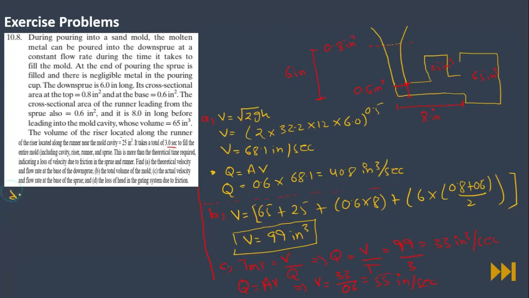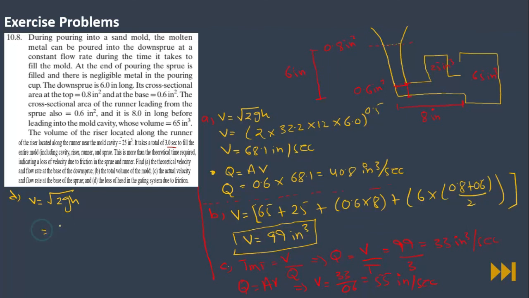Now the last section, D, the loss of head in the gating system due to friction. We'll find out the loss of head using the formula of velocity, that is equal to the square root of 2gh.